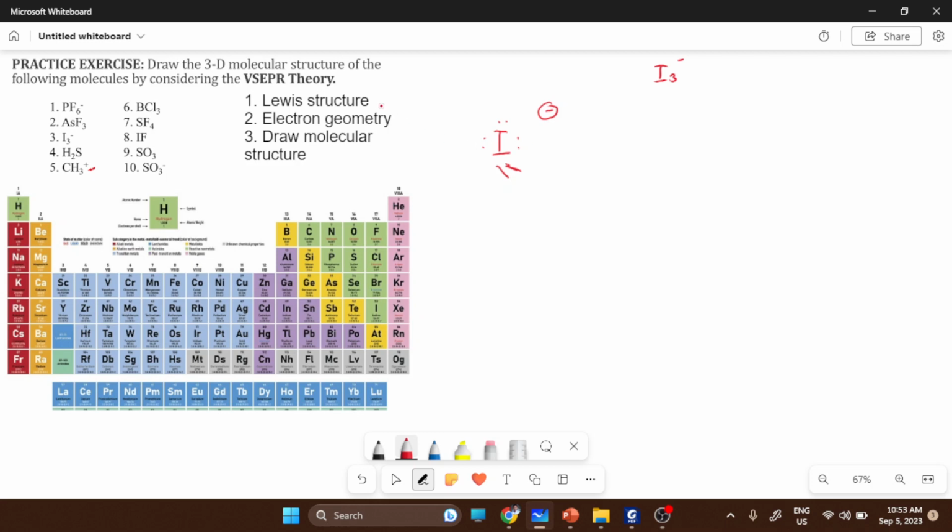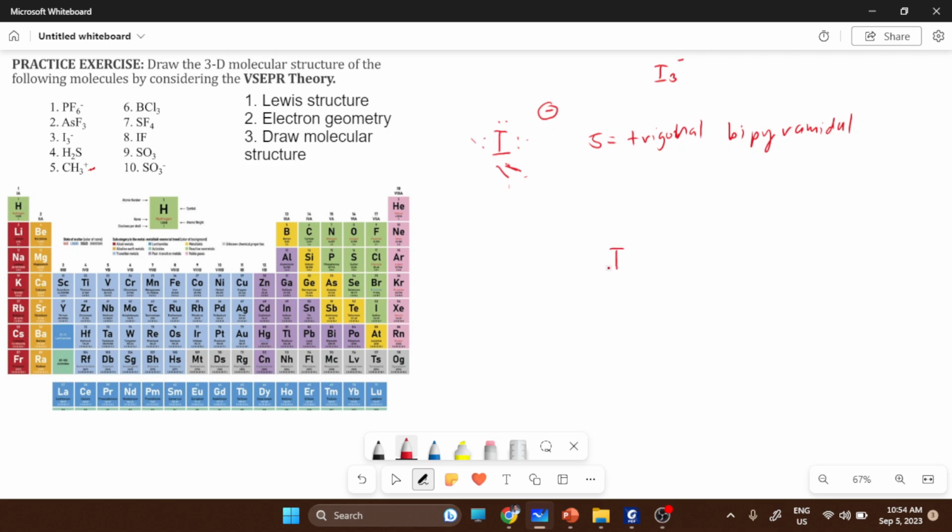So, ano kaya ang electron geometry niya? Bilangin natin ang electron domains. 1, 2, 3, 4, 5. 5. What is that? That's trigonal bipyramidal. Okay? So, when we draw this, if you take a look back at the previous lecture, ang shape niya ay ganito.